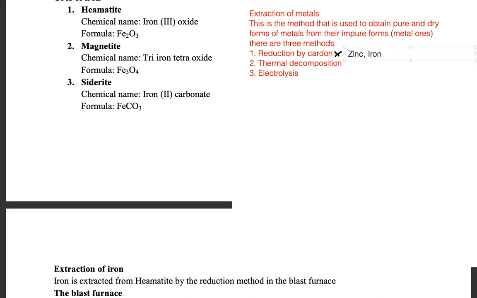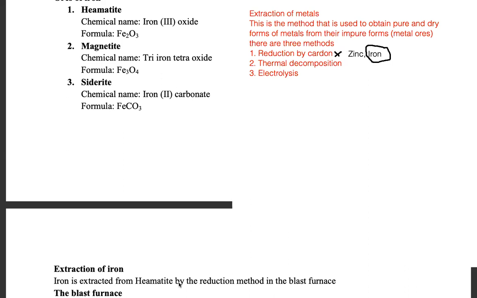These two are the ones that we can extract using reduction by carbon. So the same method that we're going to look at under iron is the same method that is used when you're extracting zinc. Can I have questions if there are people with questions?